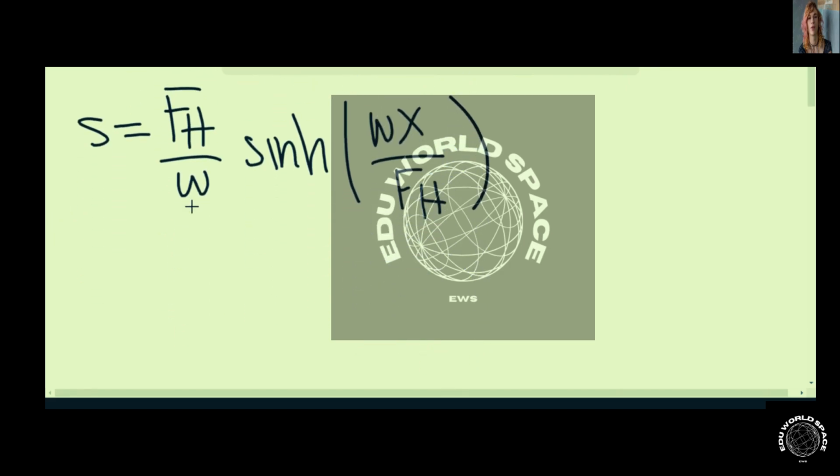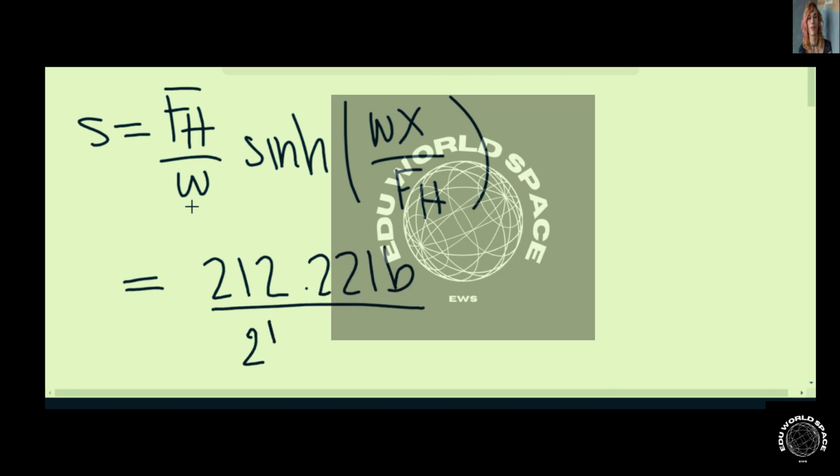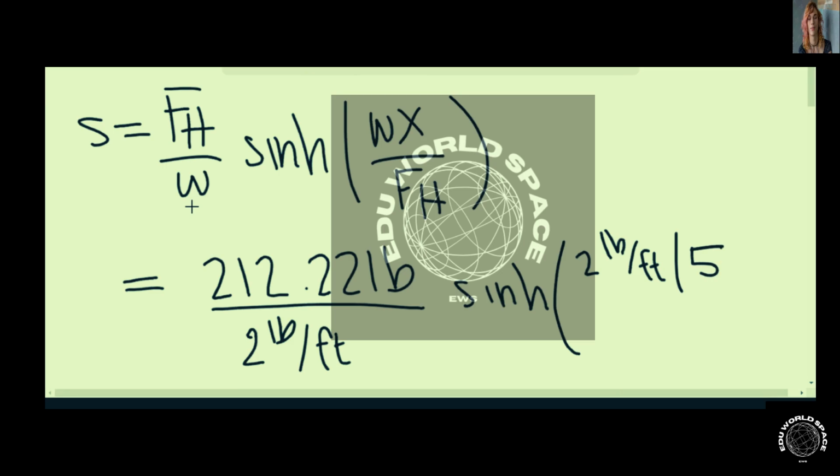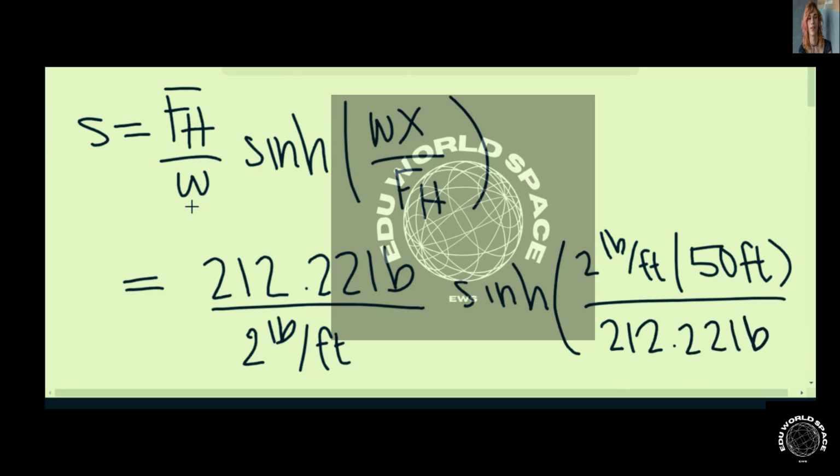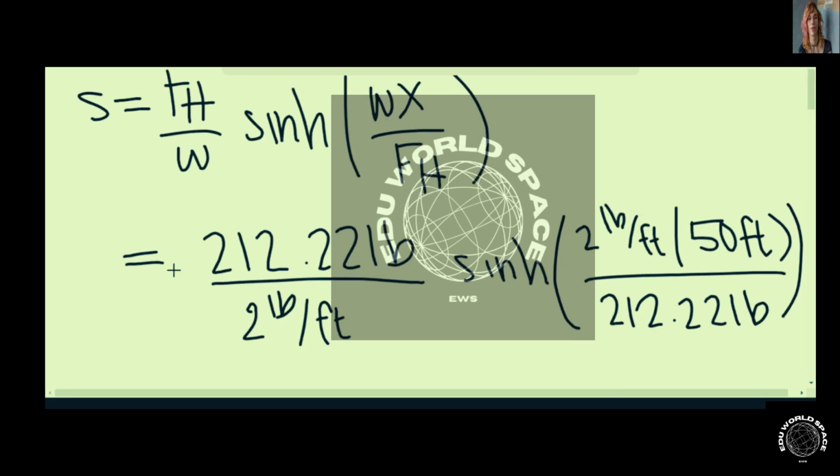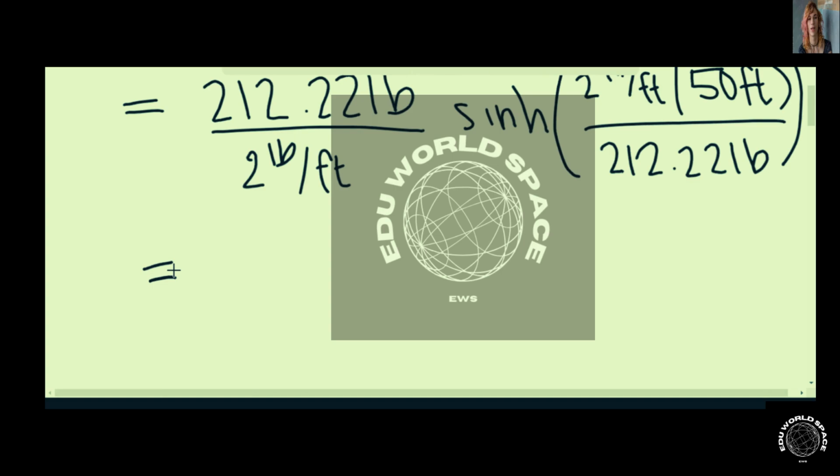So if we plug in those values, our new equation would be 212.22 pounds over 2 pounds per feet times the hyperbolic sine of 2 pounds per feet times 50 feet all over 212.22 pounds, which gives us a value of 51.87 feet.